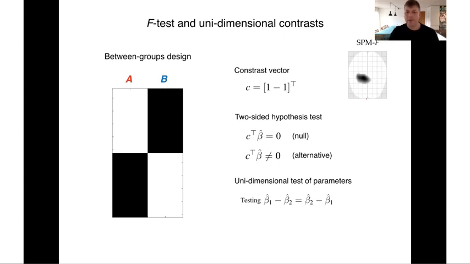And this means that these unidimensional tests of parameters correspond to testing any direction, so either positive or negative. So testing whether beta 1 is different from beta 2, say a group of patients with schizophrenia is different from healthy controls, corresponds to testing the opposite, so whether controls are different from patients.